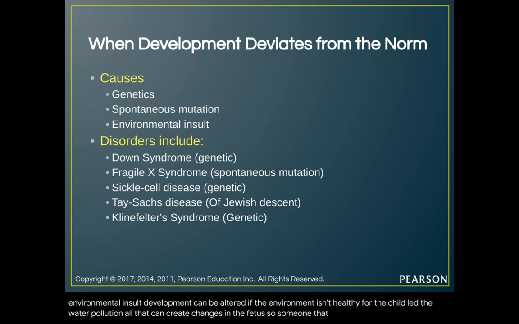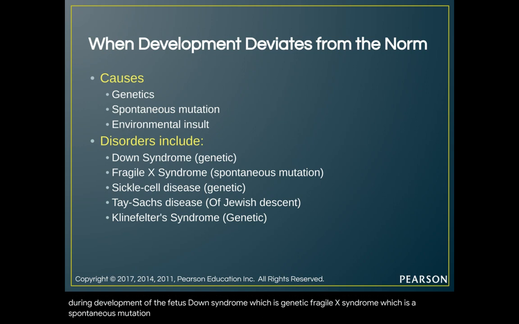Some of the disorders that can happen during development of the fetus: Down syndrome, which is genetic; Fragile X syndrome, which is a spontaneous mutation; sickle cell disease, which is genetic; Tay-Sachs disease; Klinefelter syndrome, which is genetic.